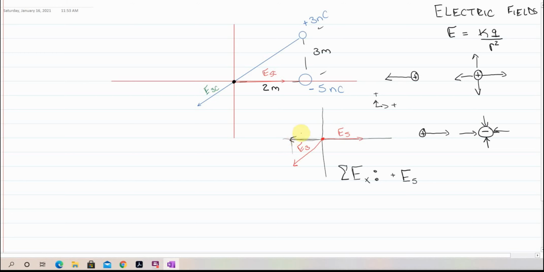So its x component is coming out like this, and then a y component coming down like that, E_y. Make sure that's clear. That's an x. So just like our forces from last quarter, I need to break this 3 into angles so I can work with them.